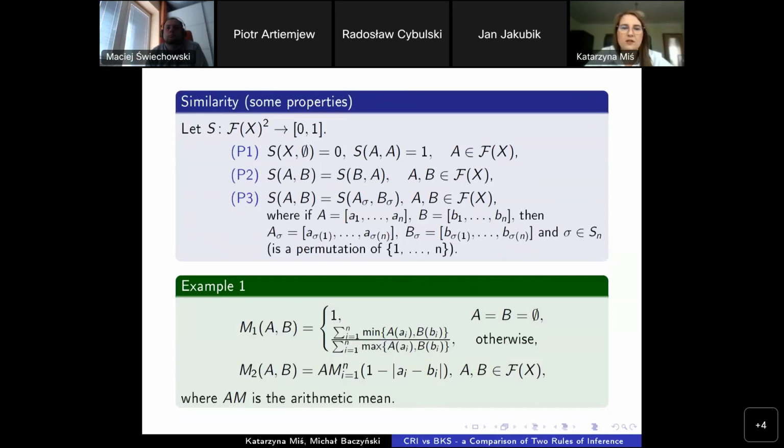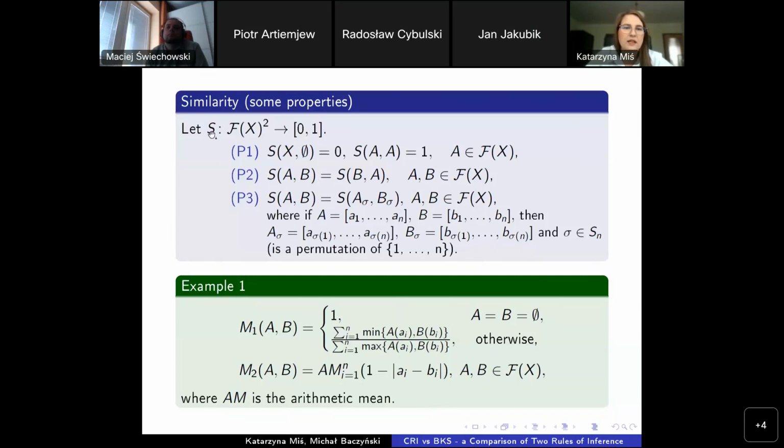For fuzzy sets, we can compare them using the notion of similarity. And this notion actually has, for different authors, different sets of properties. Here I have just the properties that are usually accepted as the most important.